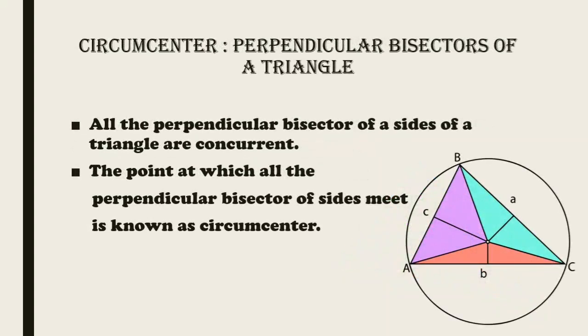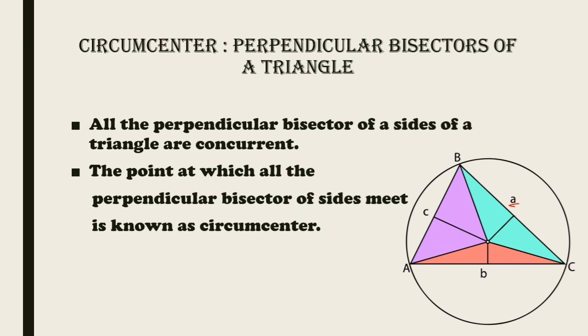Now let's see what is circumcenter. It is formed by perpendicular bisectors of a triangle. All the perpendicular bisectors of sides of a triangle are concurrent. So here you can see in triangle ABC, the line segment passing through point A is a perpendicular bisector of side BC.